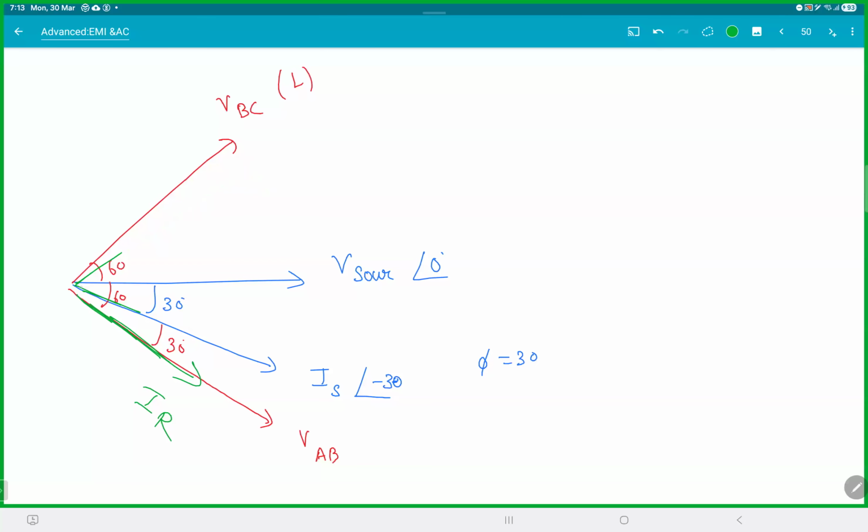So this IC here looks something like this. But tell me one thing, this IC bar and this IR bar, when you add them vectorially, shouldn't the resultant be I source? Because the vector form of I source is IR plus IC. But we already know from here, the angle between I source and VAB is how much? This is 30 and this should be 60.